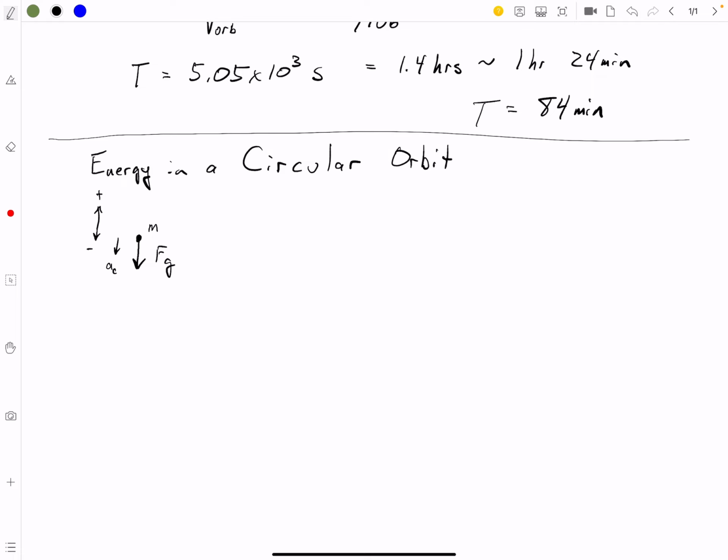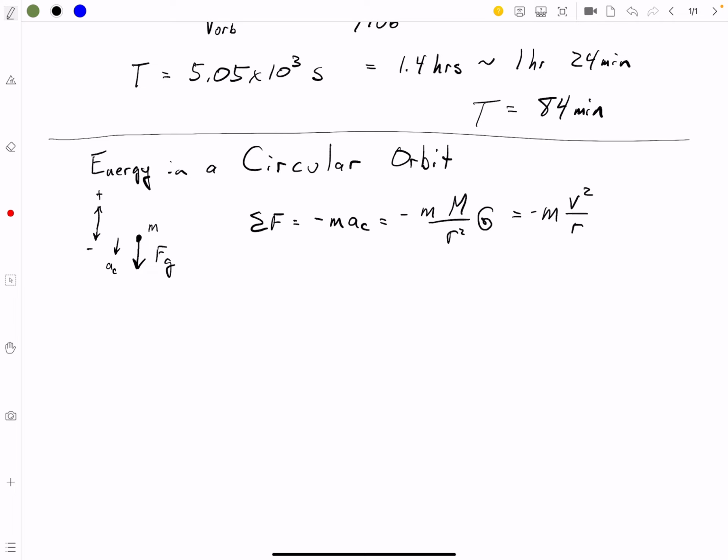So let's do it. We've got the sum of the forces is equal to minus MAC, and that equals minus force of gravity, and that equals minus mv squared over r.